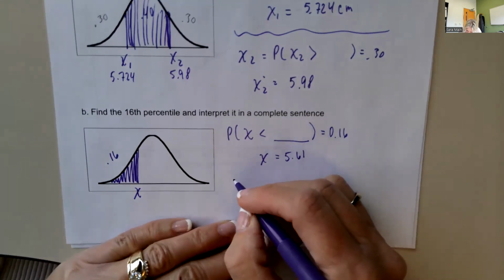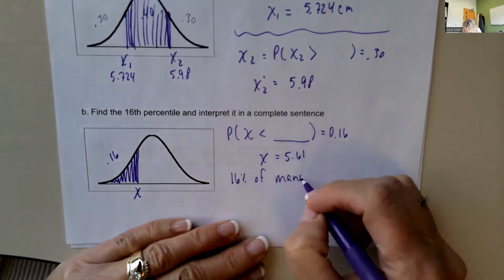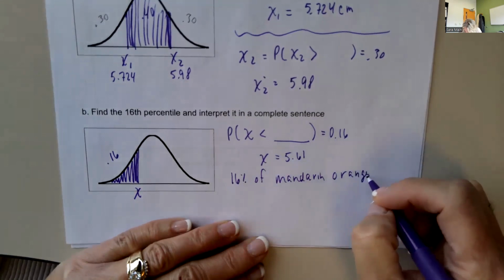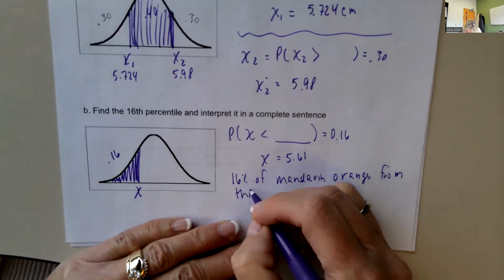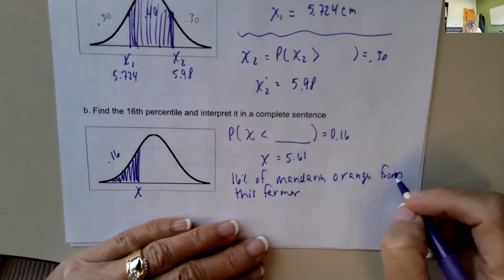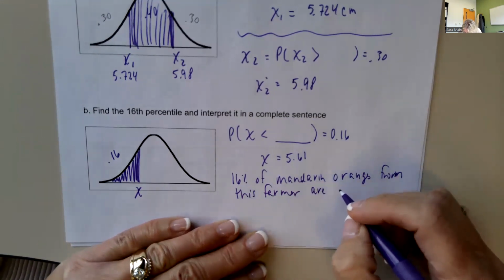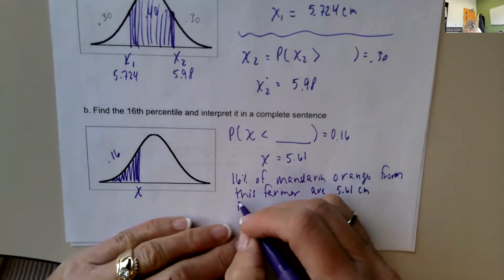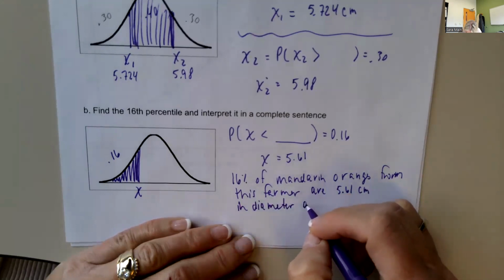So this says 16% of mandarin oranges from this farmer, this is just the data from this particular farmer, are 5.61 centimeters in diameter or smaller.